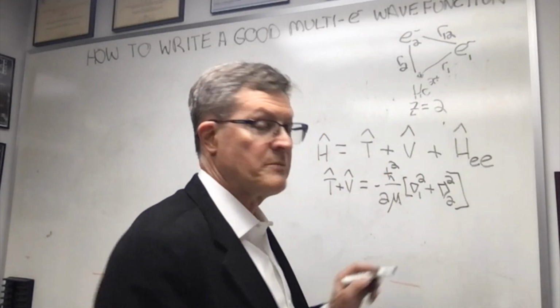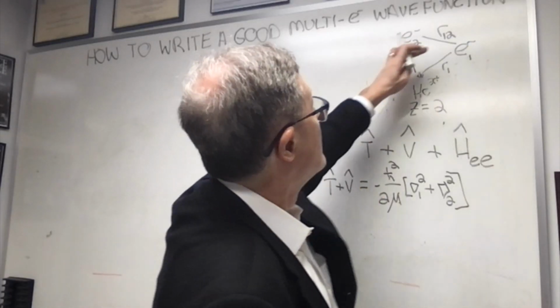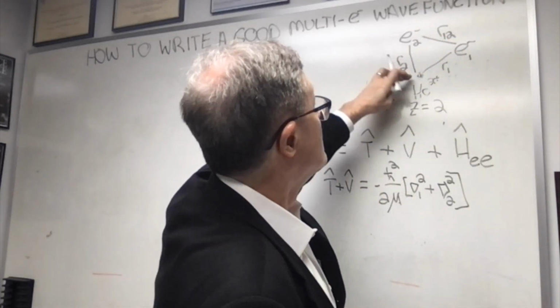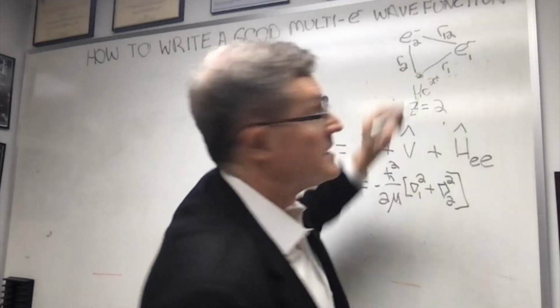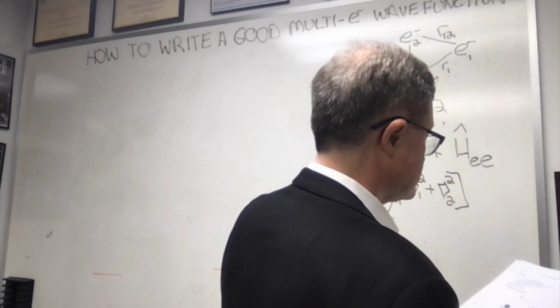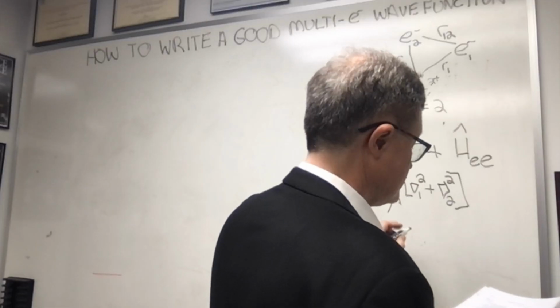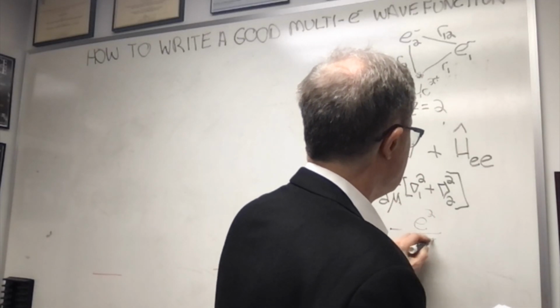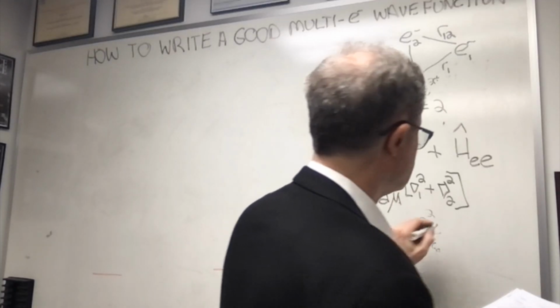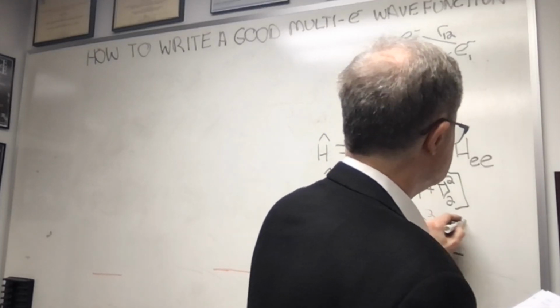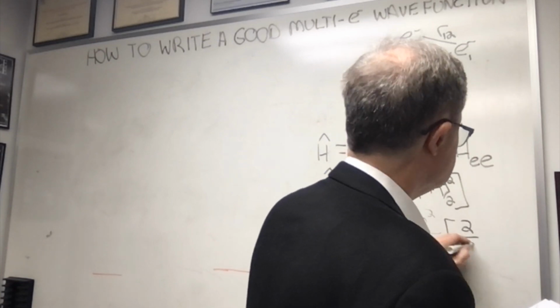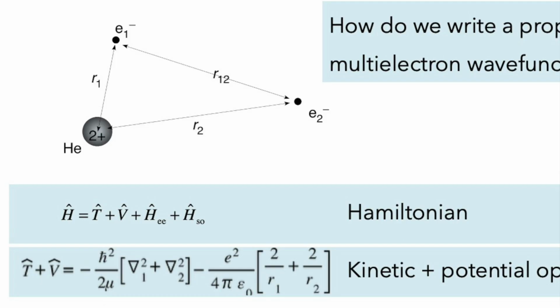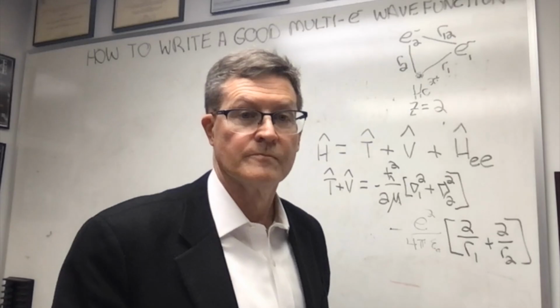And then we have to worry about the electrostatic interaction of the electron, -1, with the nucleus +2 charge, right? So that's going to be, get the units right, e squared over 4 pi epsilon naught, and that's Z times 2 over the distance to electron 1 plus 2 over the distance to electron 2. All right, good.